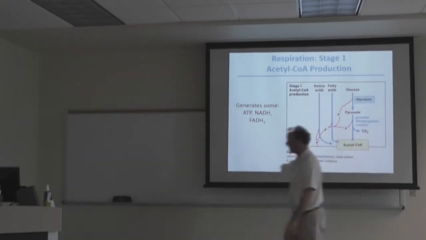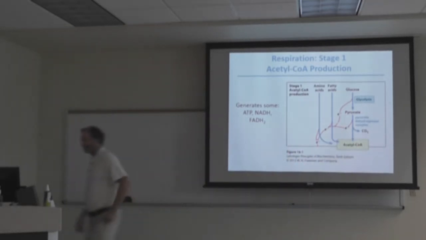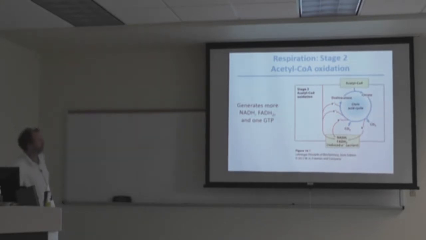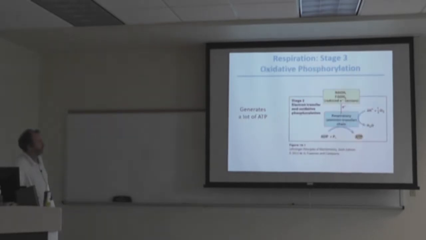And then that will be able to enter the TCA cycle. Stage 2, again, generates more NADH, FADH2, and 1 GTP, which is the equivalent of an ATP. It's just a G instead of an A, right? And then stage 3 is the electron transfer and oxidative phosphorylation.